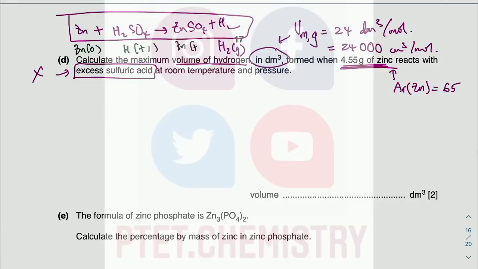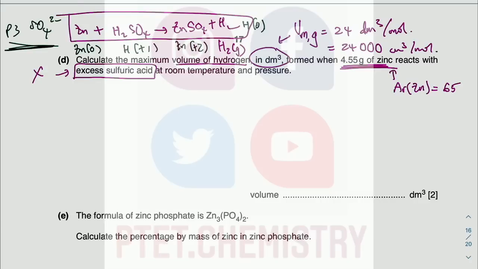Zinc is 0 and hydrogen is 0 as elements, oxidation state 0 because the atoms are in the elemental state. Sulfate anions, you do this in paper 3 and in theory as well, so you know it's 2 minus, and the hydrogen is plus 1 there. You know the SO4 is 2 minus, therefore the zinc must be plus 2. The oxidation state of a metal ion is the charge of the metal ion. This is a redox. Anyway, that equation is balanced.